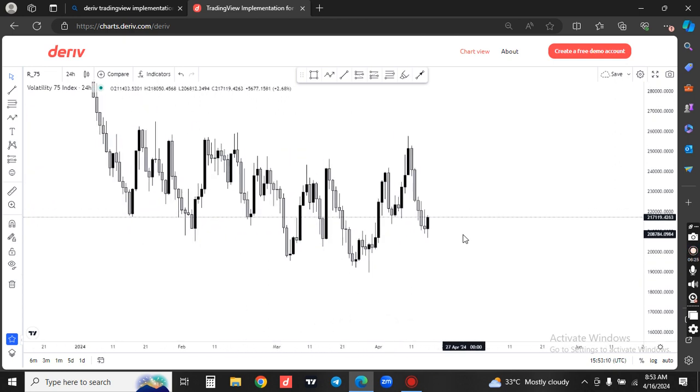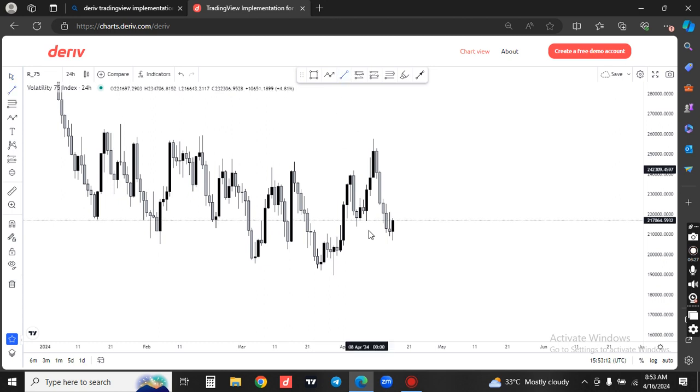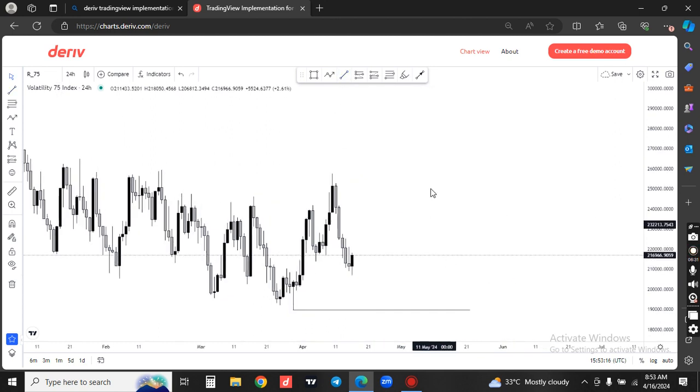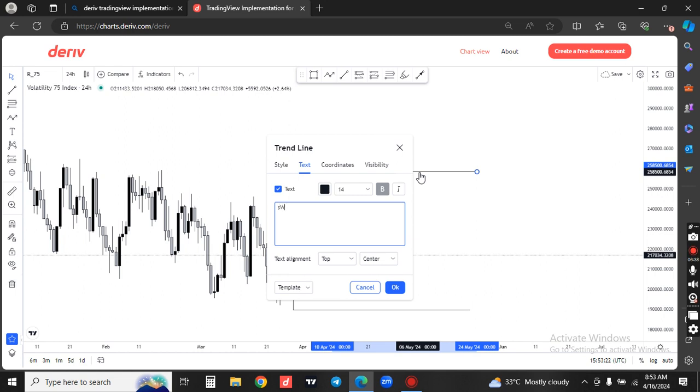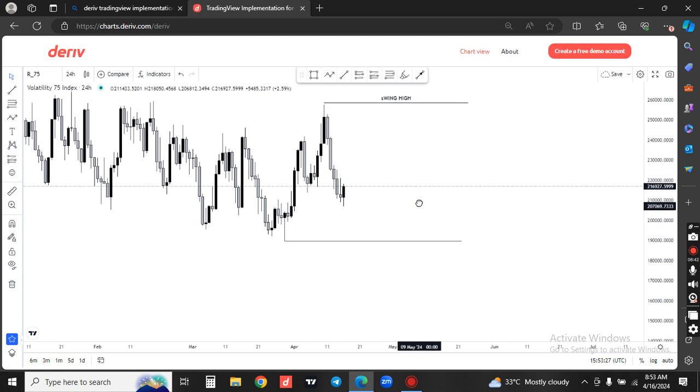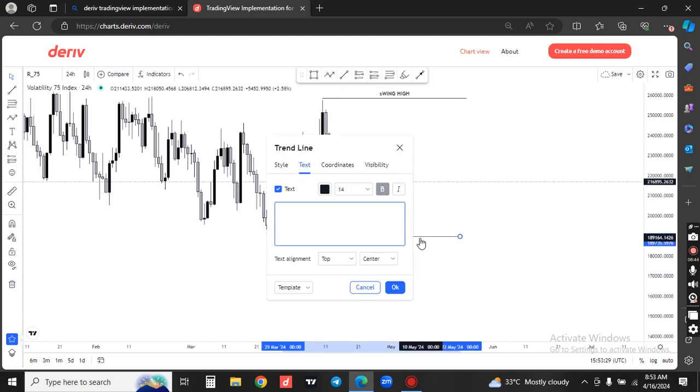All right, so you can see this is the last low that formed, and this is our last high that formed, right, on a daily time frame. So this becomes our swing high. And this becomes our swing low.